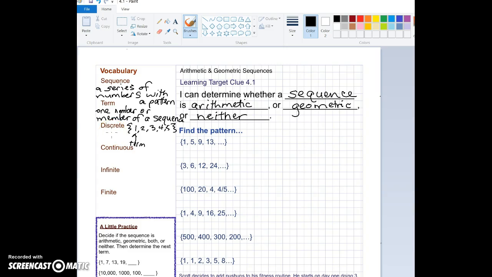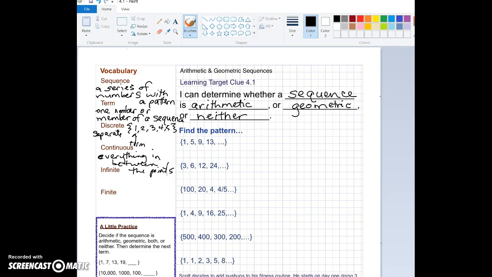And remember that discrete is individual points or individual numbers, okay, separate. And continuous is everything in between the points as well.